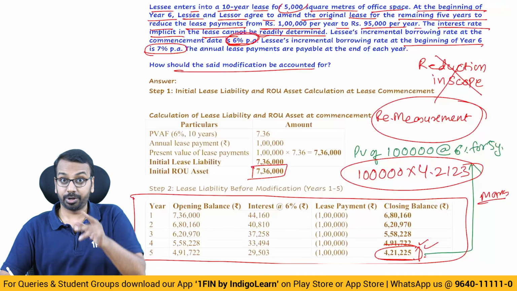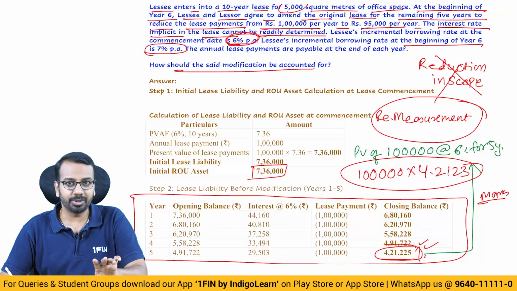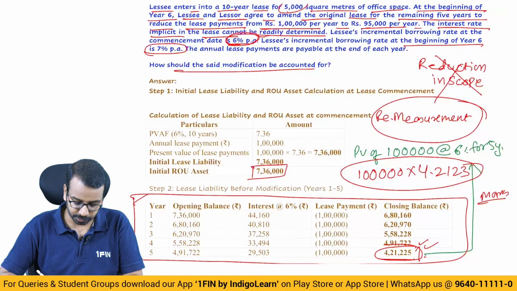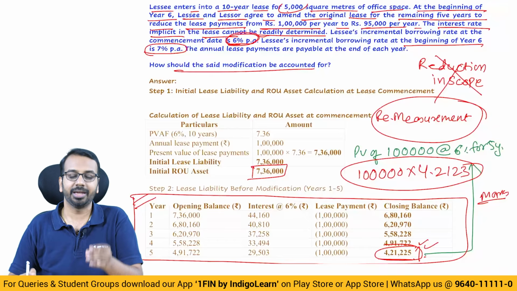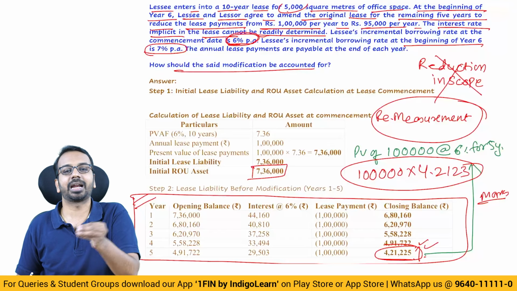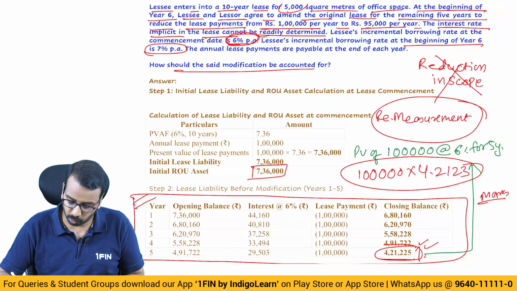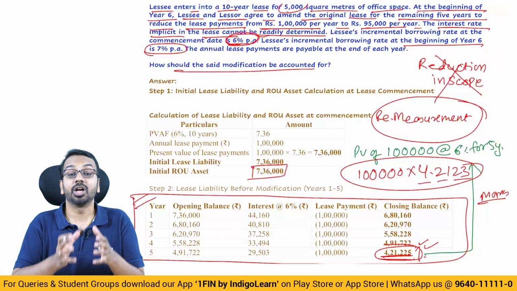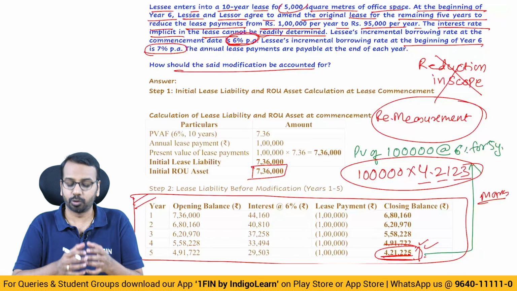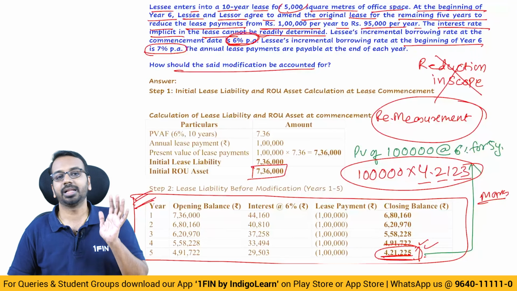You can compute it both ways, but for examination purposes, use the table with opening balance, interest, payment, closing balance. This will also ensure that there are no rounding differences. So 4,21,225 or 4,21,230 is the closing balance of lease liability, which you get by preparing this table in the examination.